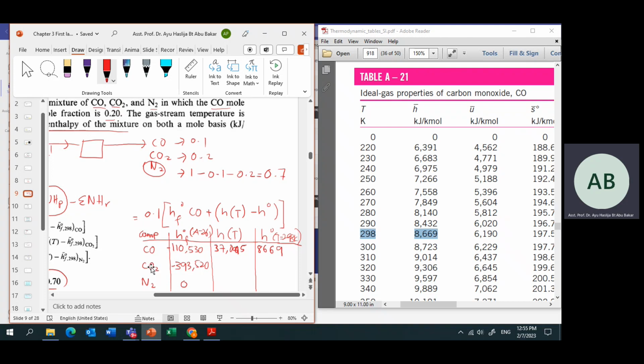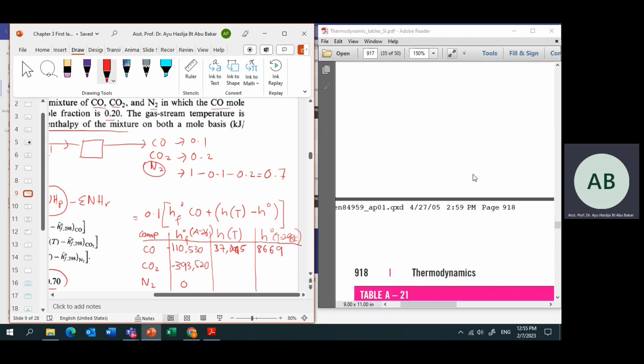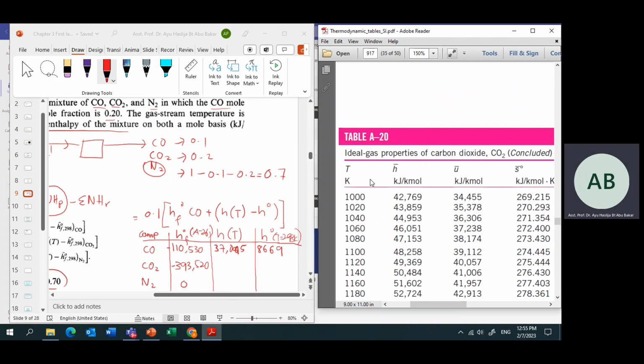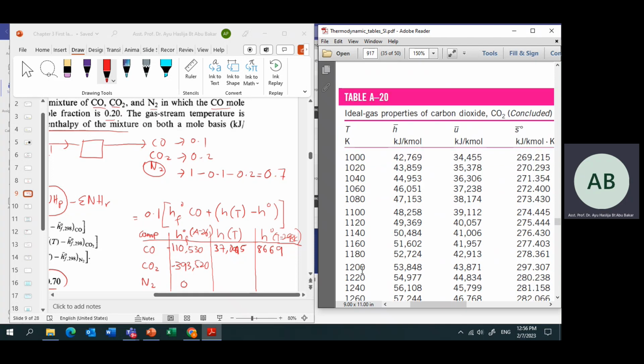Okay, now for CO2, to find the enthalpy at the given temperature, find ideal gas properties for CO2. Okay, this is table A20. They are at different tables. CO just now was A21. Now CO2 is table A20. 1200.